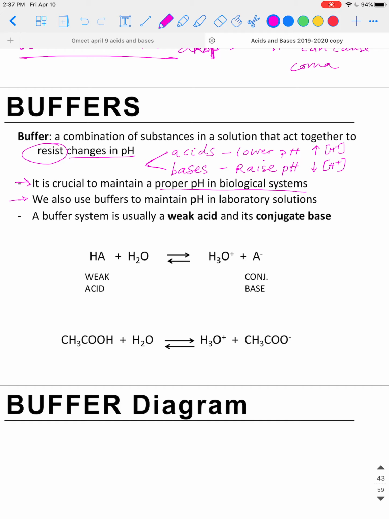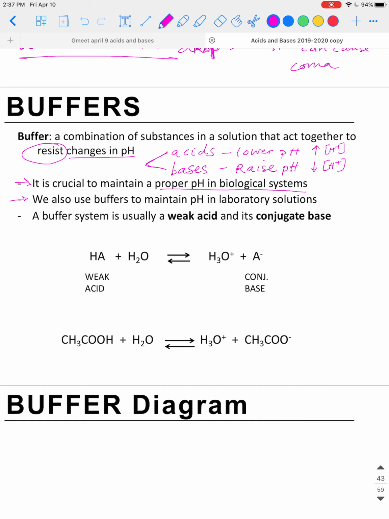It's also important in research. The things we've learned about the body are built on the shoulders of tons and tons of research. If we are going to model things in the body on a laboratory bench outside of the body, we need to be working in solutions that have a pH equal to what our biological system has.